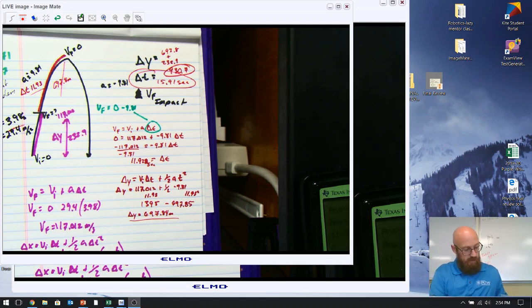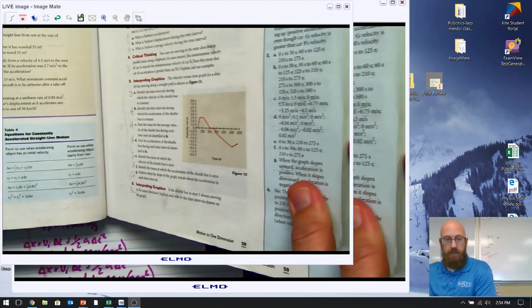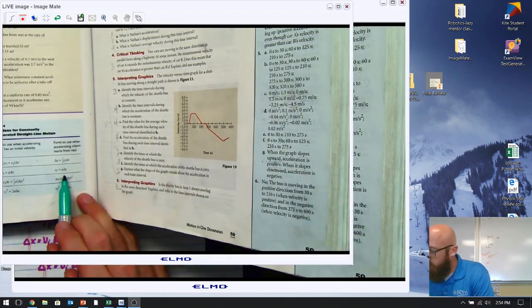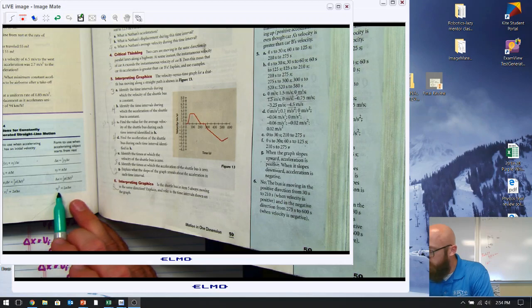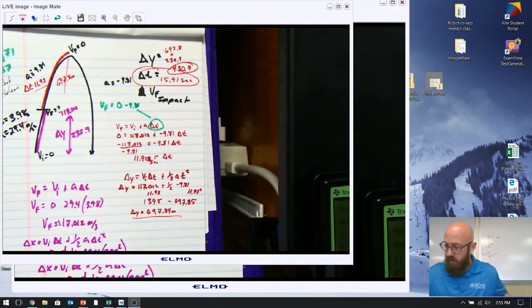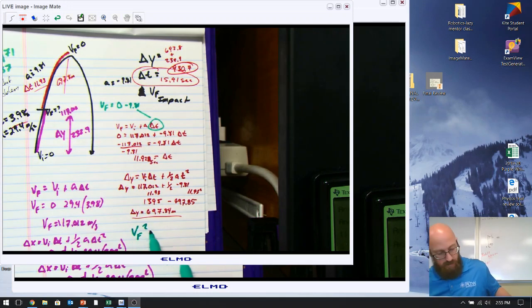In this case, back to page 58. I don't have a time, but I know my height. So VF squared equals 2a delta y.